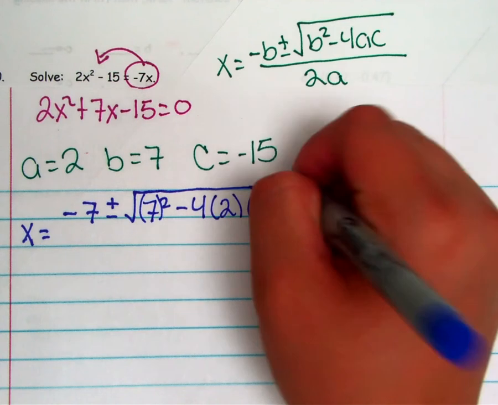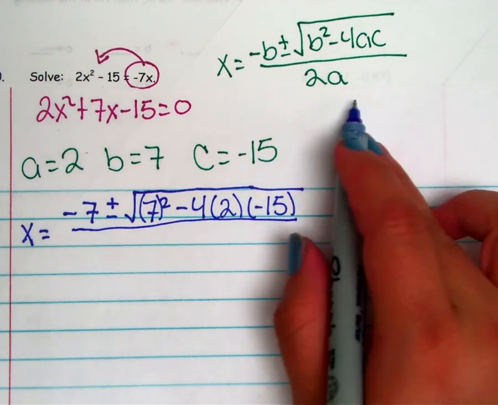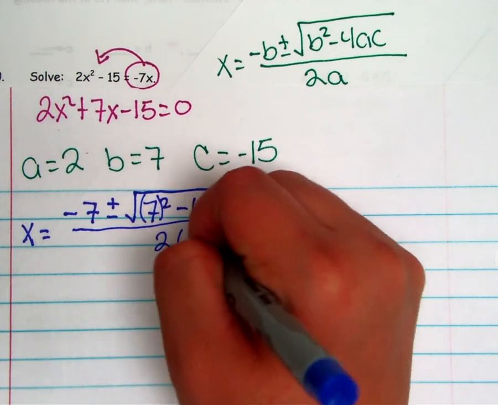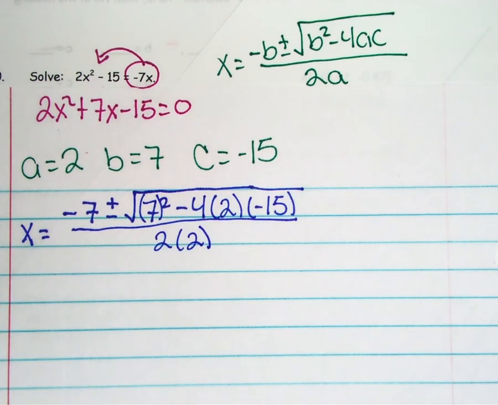And that's all over 2a, and a was 2. So 2 times 2. Now from here, it's all about just making that big equation into something small and manageable.